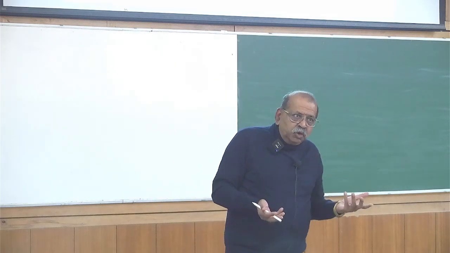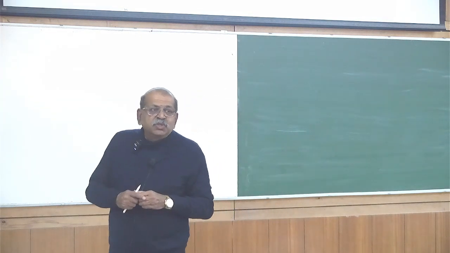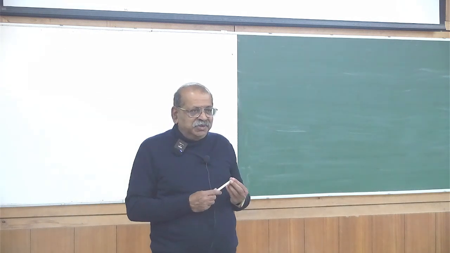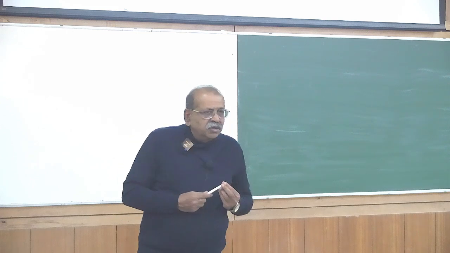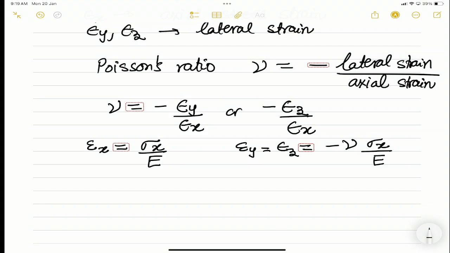So you will have a new volume, and what you find is the volume is not conserved except for a particular value of Poisson's ratio. In general the deviations are very small because the modulus of elasticity is large.